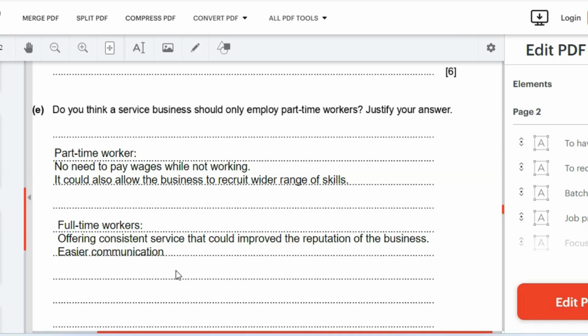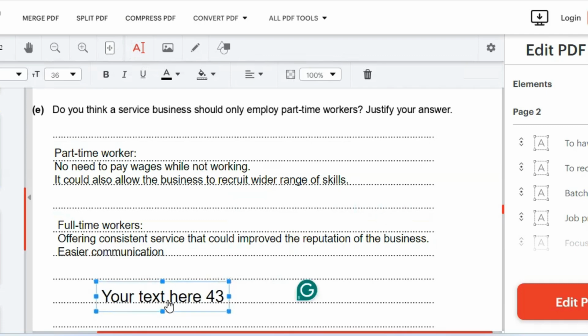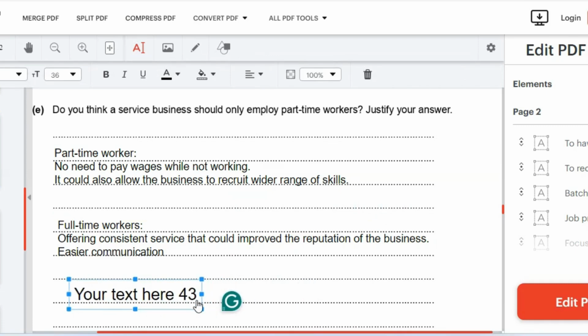Of course, especially when related to the service sector, let us try to put the text out here. We move to the justification. When you are justifying your answer, you must let them know if you really understand the question.